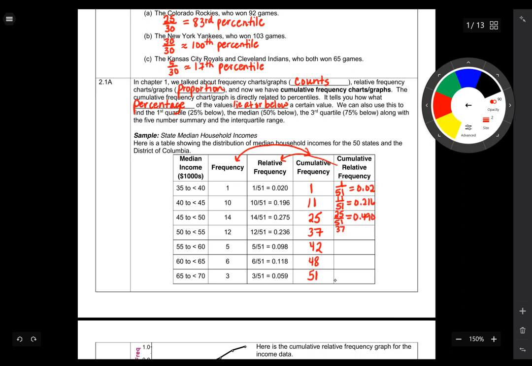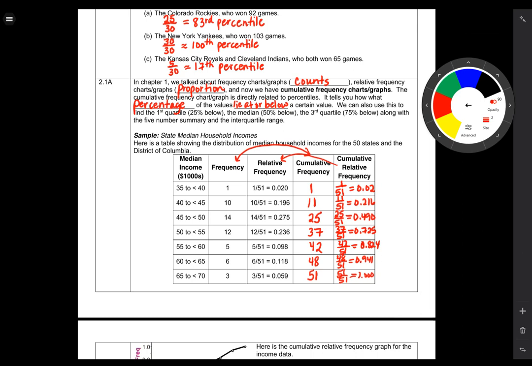Then 37 over 51 is 0.725, 42 over 51 equals 0.824, 48 over 51 equals 0.941, and lastly 51 over 51 gives you 100% or 1. We'll round to 3 decimal places. We're going to need those in a little bit, which is why I'm writing these down.